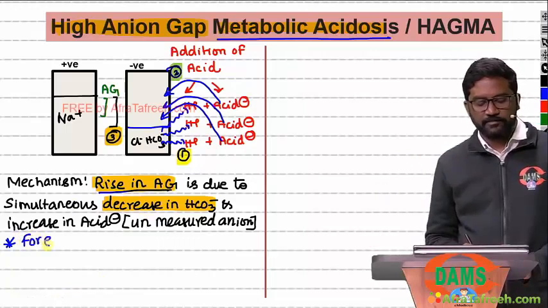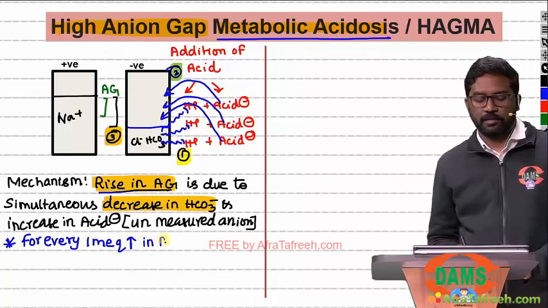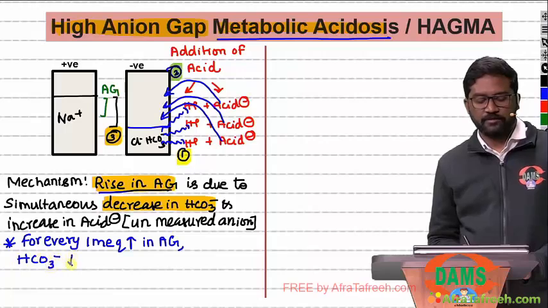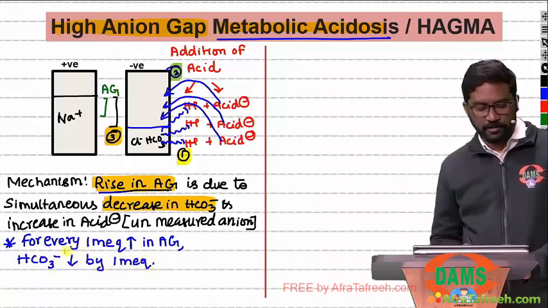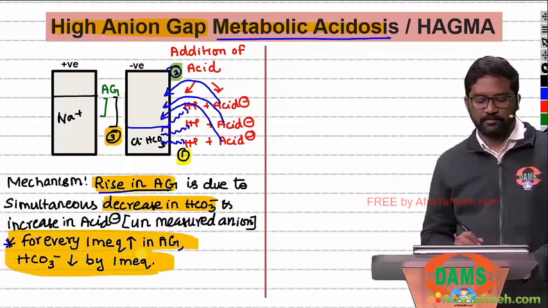For every 1 milliequivalent increase in anion gap, bicarbonate should decrease by 1 milliequivalent. This is another important relation that you should know. It means if anion gap has increased by 1 milliequivalent, bicarbonate will also decrease by 1 milliequivalent.